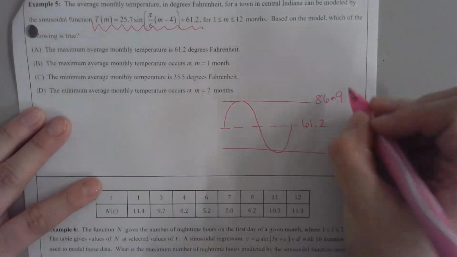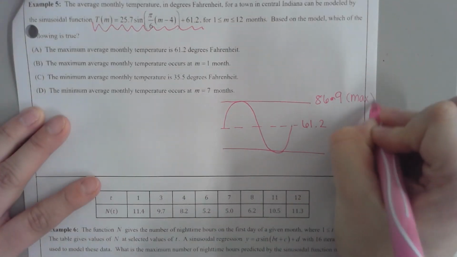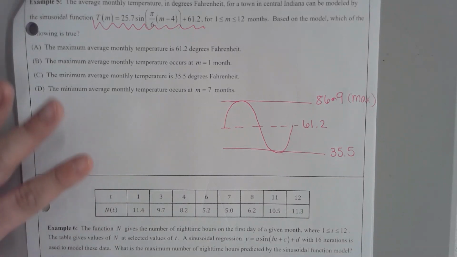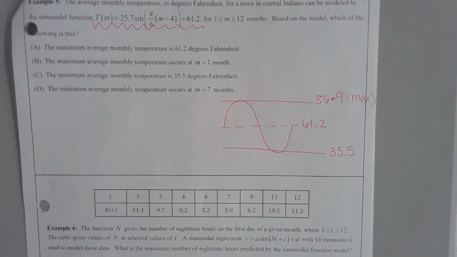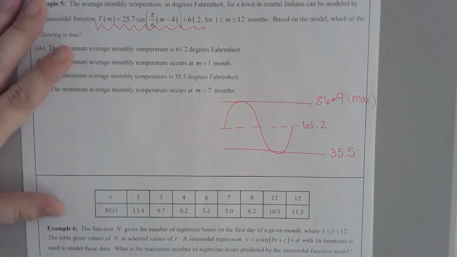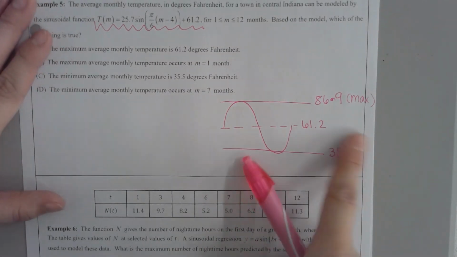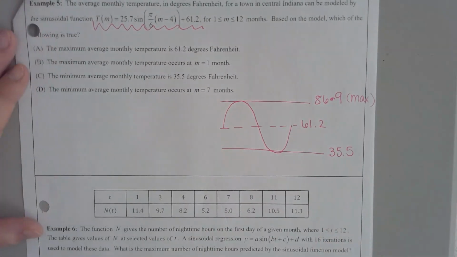So my maximum, the largest value, is going to be 86.9. In terms of this problem, the warmest it's going to be is 86.9 degrees. The coldest it's going to be is 35.5 during this time.